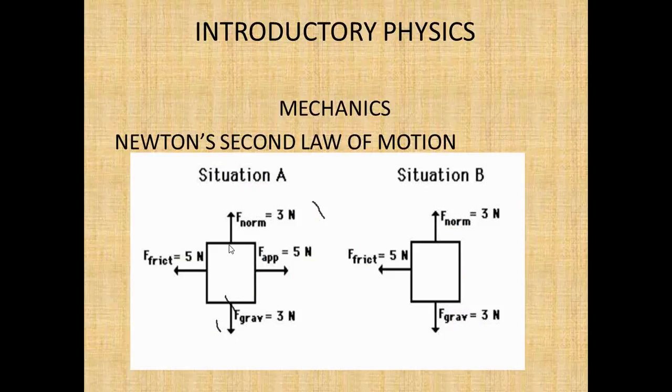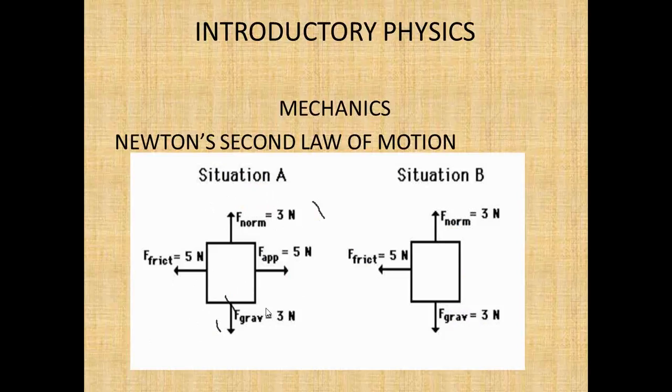Remember, the normal force is in the opposite direction and the same as the gravitational force, so it's 3 newtons. You have an applied force to the right, 5 newtons. Frictional force is in the opposite direction to the motion, and it's 5 newtons. So all these forces are balanced.